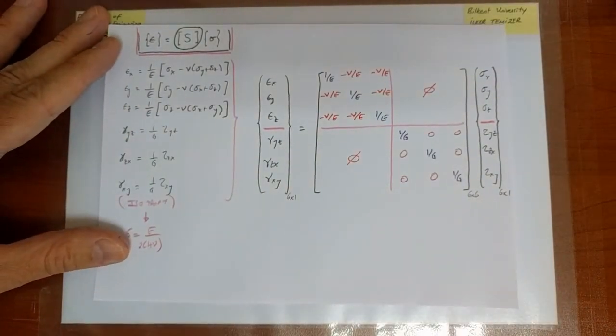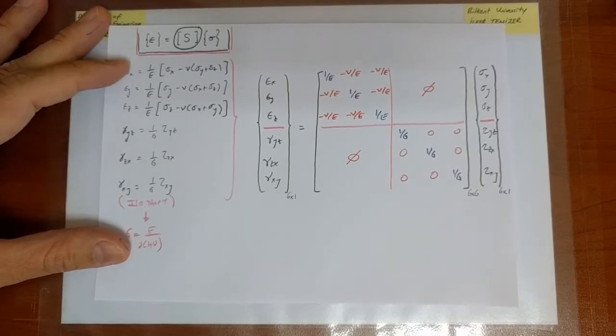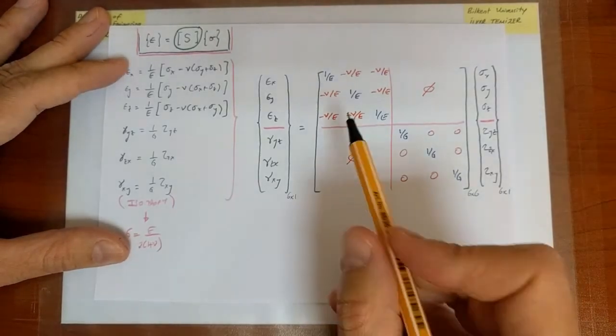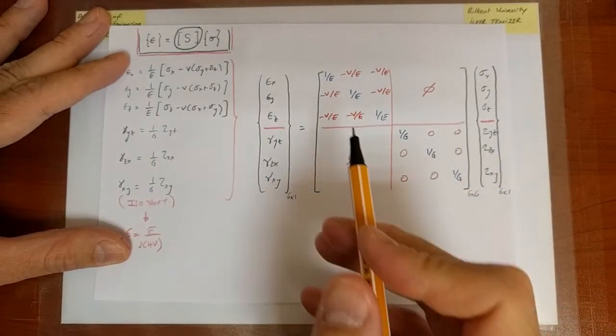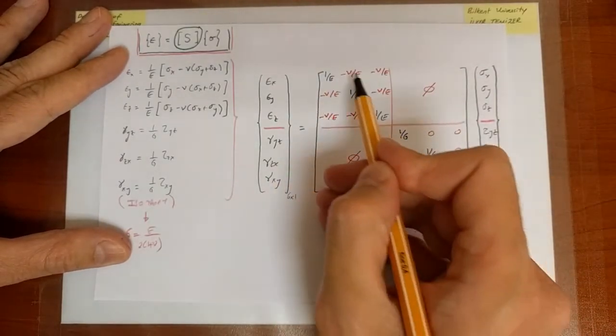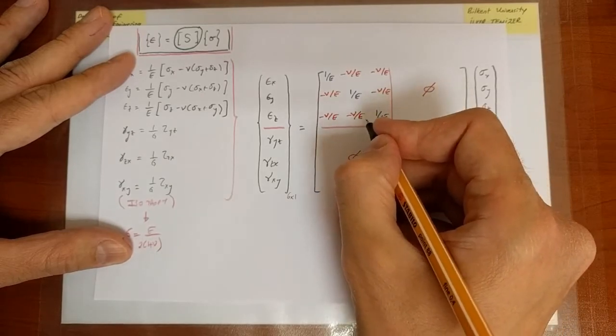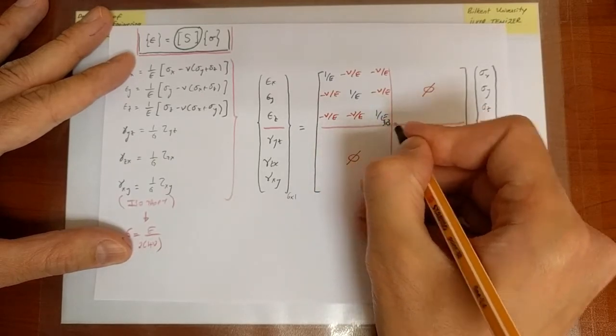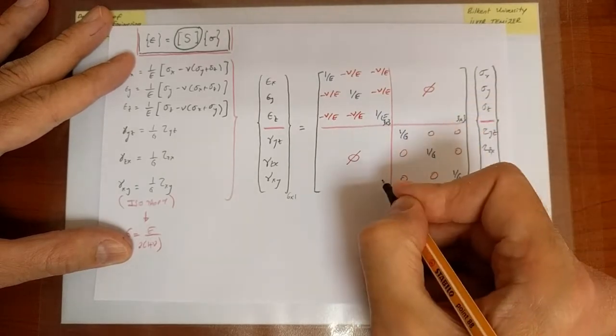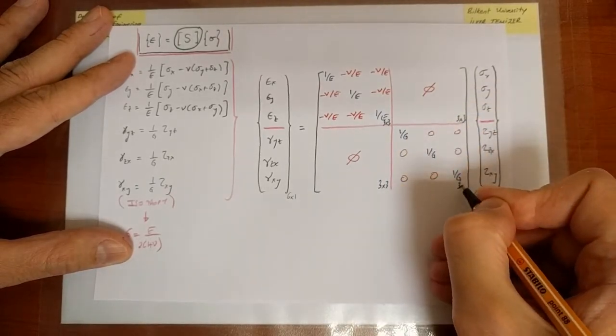And now, therefore, let me start a discussion that's going to be useful. What I observe is that we have a 6 by 6 matrix, and it has sub-matrices, blocks, which are each 3 by 3. So this matrix here is a 3 by 3 matrix, this one as well, and that one as well.